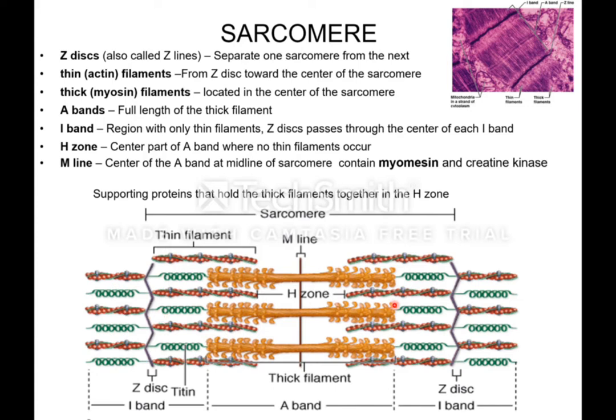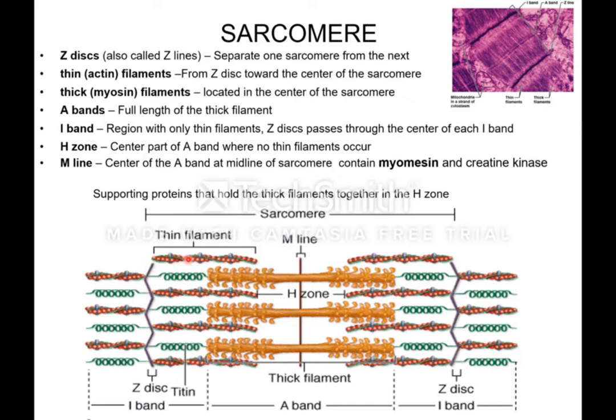Each sarcomere includes two types of filaments. Thin filaments, or actin filaments, are located from the Z disc toward the center of the sarcomere. They are attached to the Z disc by some structural protein.